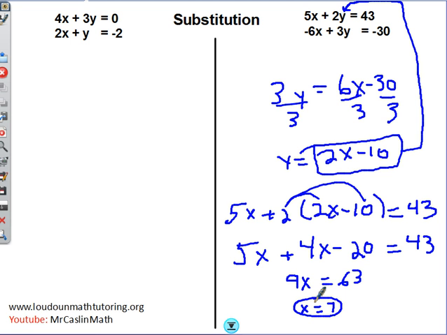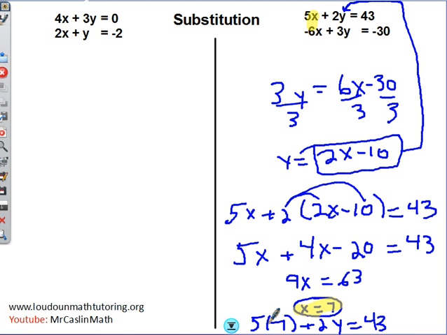Now same as the last problem, just take that x is equal to 7, substitute it back into either of your equations up here. We could plug that 7 into here. That might work. So we do 5 times 7 plus 2y is equal to 43.